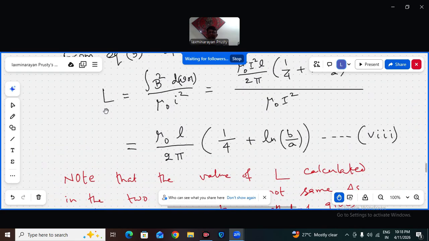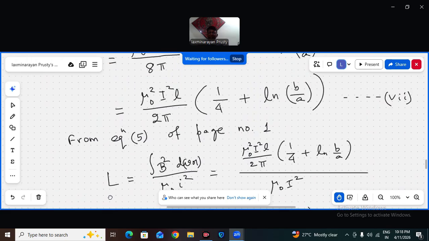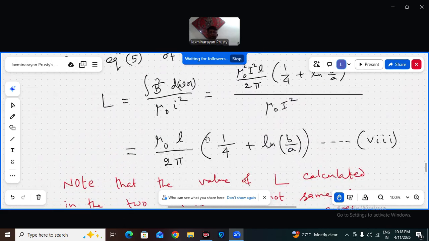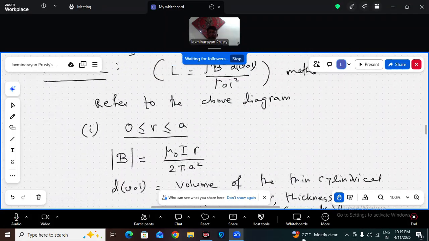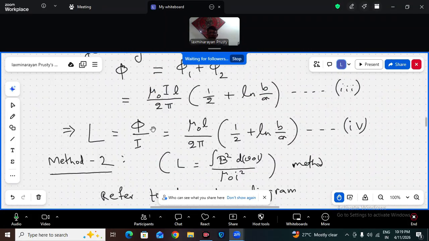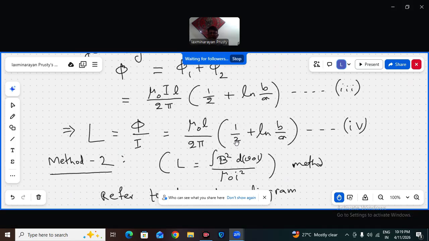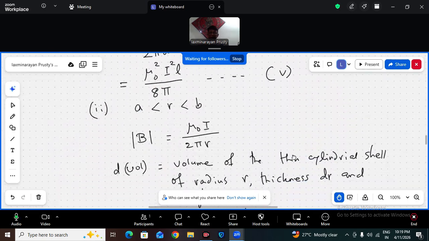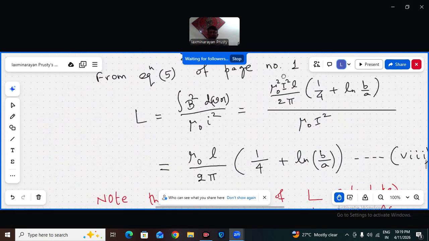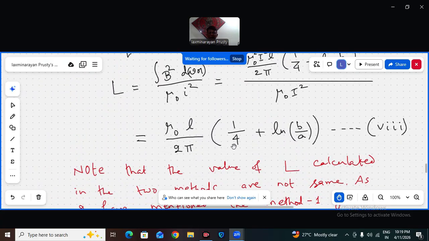So this is your L. Are both the same expression? The difference is only in this number: here it is half, and the rest is the same, the outside part is the same. So the first term in the bracket is 1 by 2 in the inaccurate method, whereas the first term in the bracket is 1 by 4.